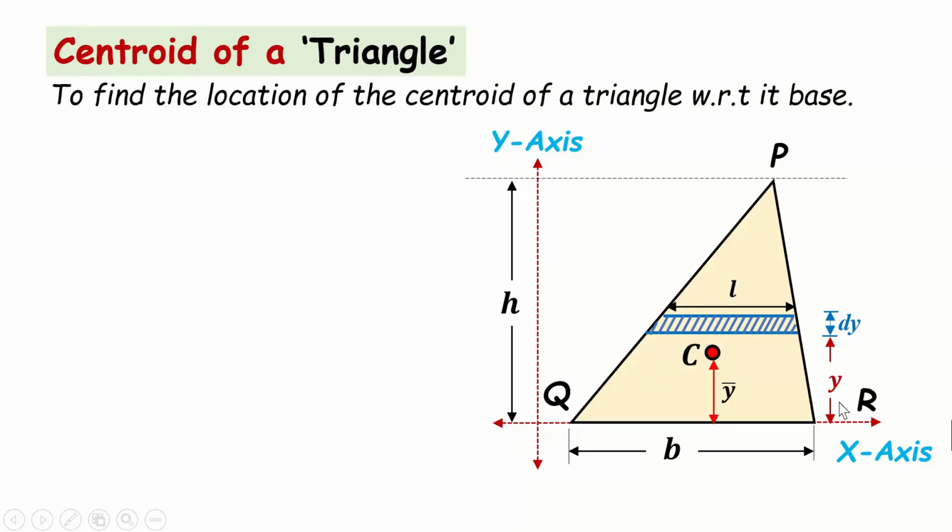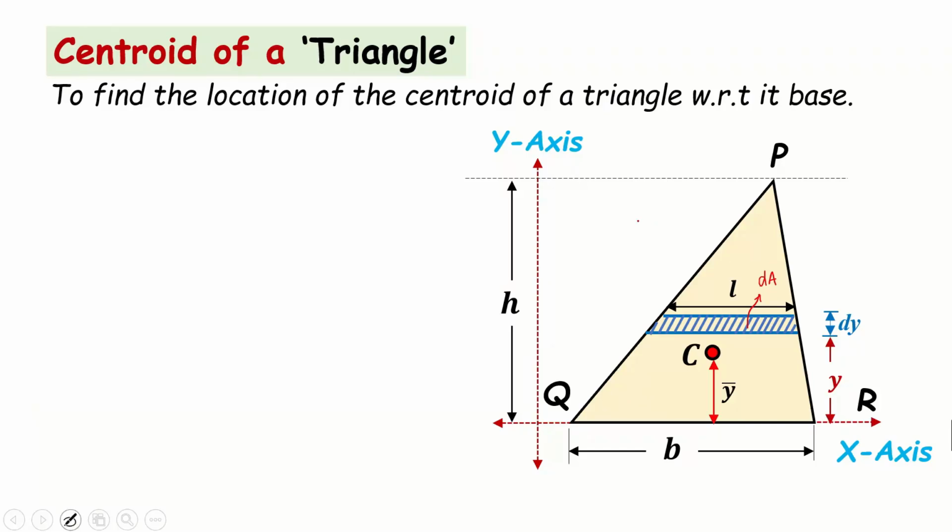Now this thin strip is going to have a small area. The area of the thin strip is going to be very small, I can say dA. Since the thickness is very small, its area is also very small, friends. So we got a very small area in the form of a thin strip, which is at distance y from the base of the triangle.